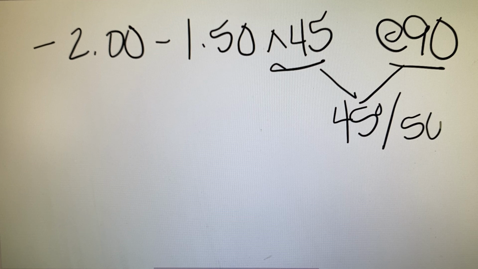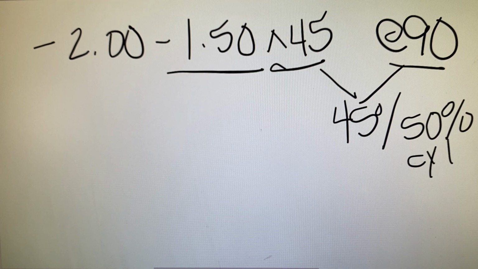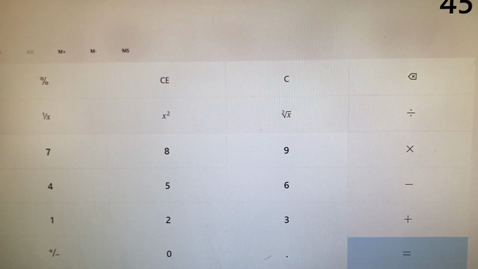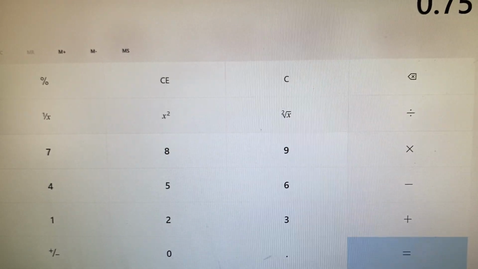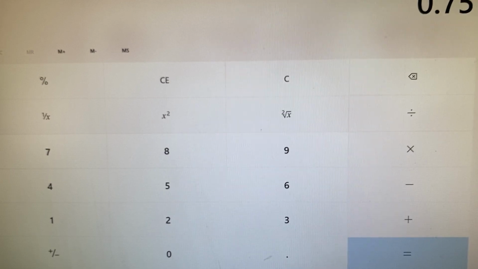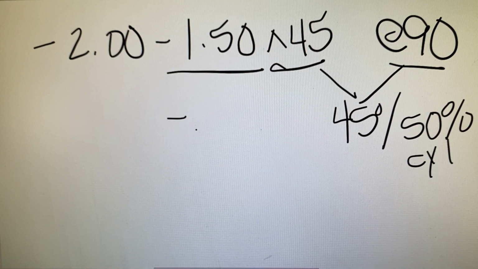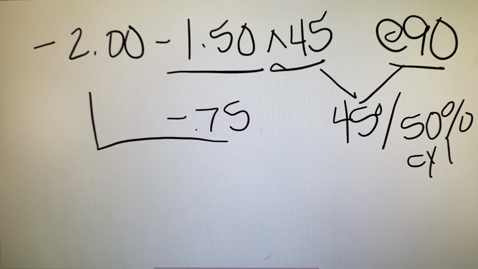That's going to give us our 50% of the cylinder. So half of our -150. So you go 1.50 times 0.50 equals 0.75. So minus 0.75 is the 50% of our cylinder, and then we're adding that to the sphere.